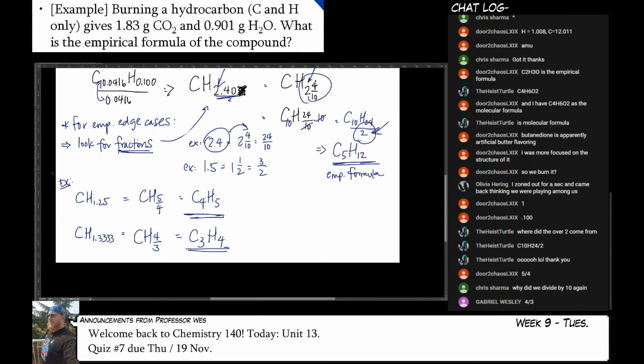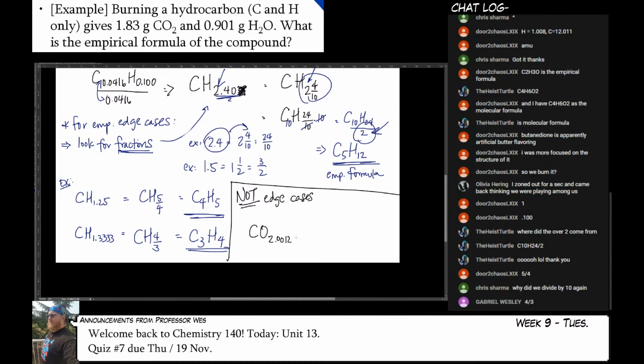Now, what sorts of cases are not edge cases? Those would be things like this, where you do the math and you get something like that.